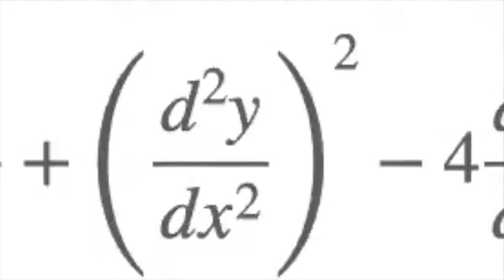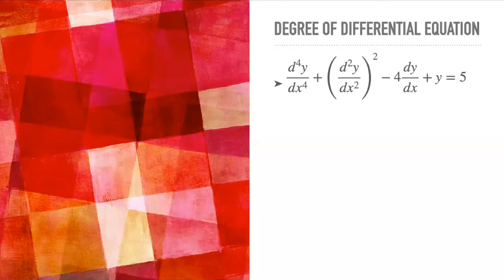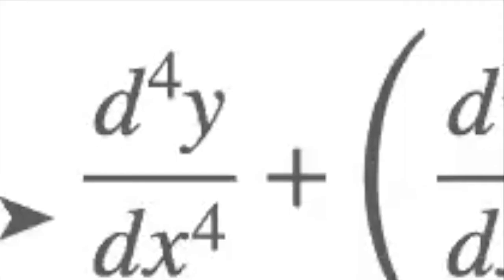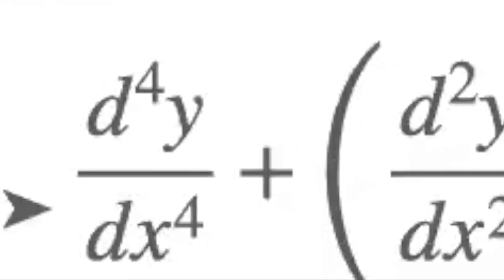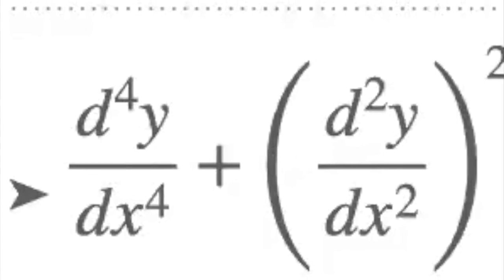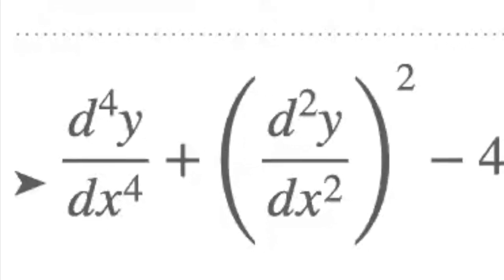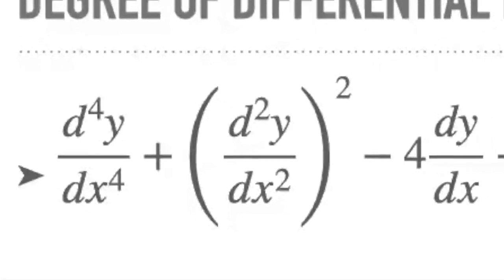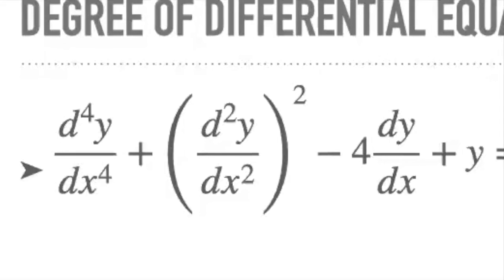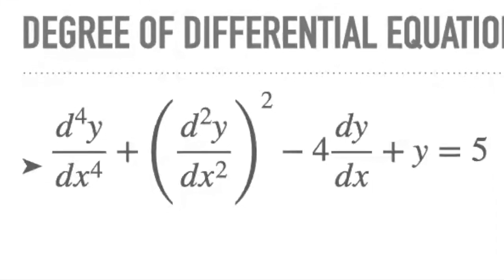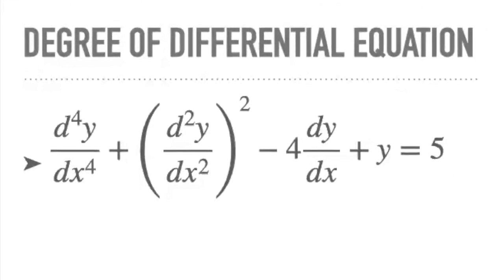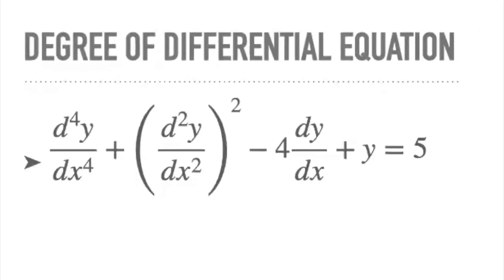The degree is on the highest order derivative of the differential equation. So the highest order is 4. The power on the outer end is 3, but that is not on the highest derivative.